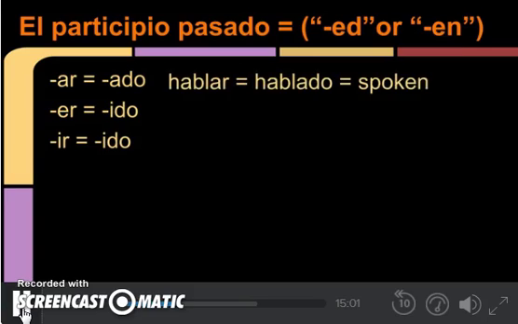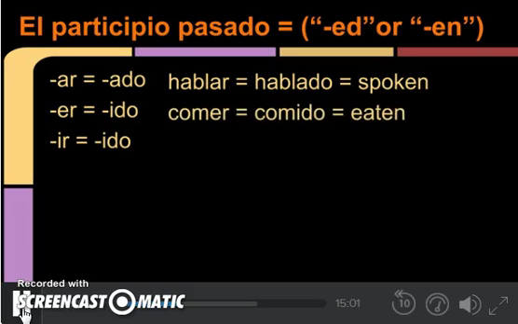So for example, hablar, we chop off the AR, hablado, se dice spoken. Remember, we don't say speaked. So to get to the correct past participle in Spanish or in English, you almost need to say like the have part, which will be haber. You kind of have to put that in your mind and go, okay, it's not speaked, right? It's spoken. Same thing with comer. It's not I ate.